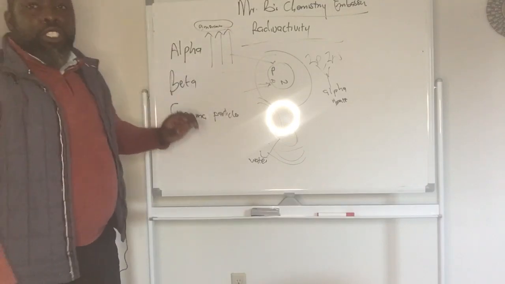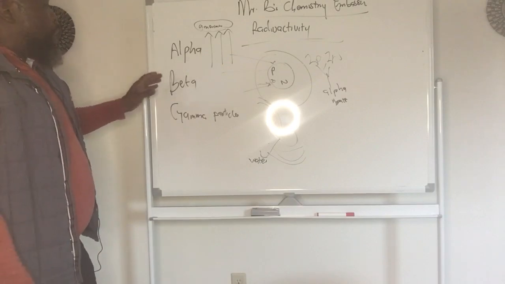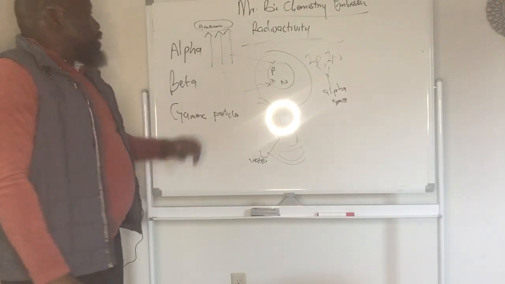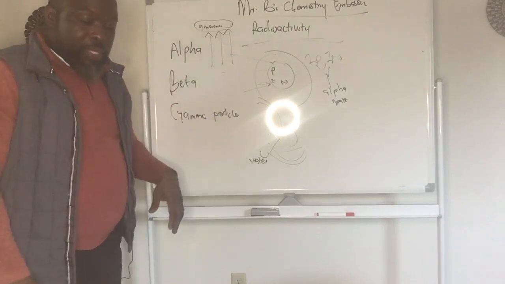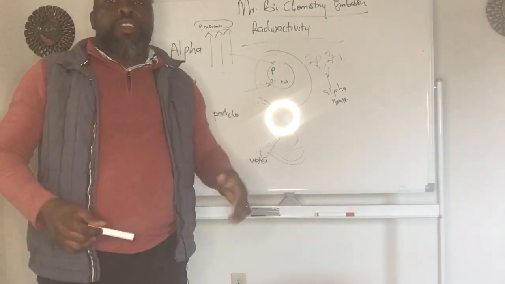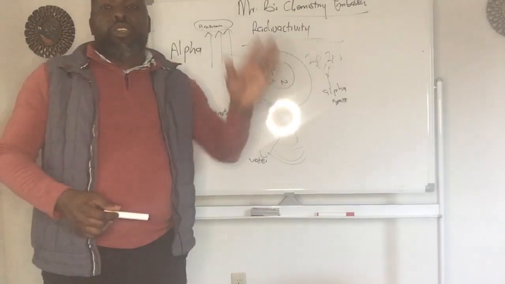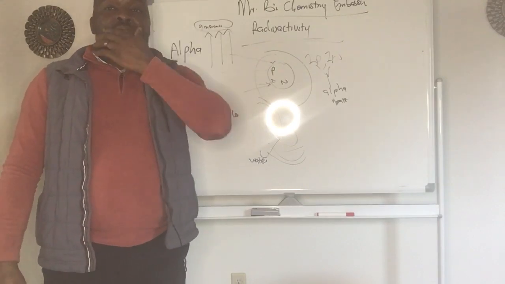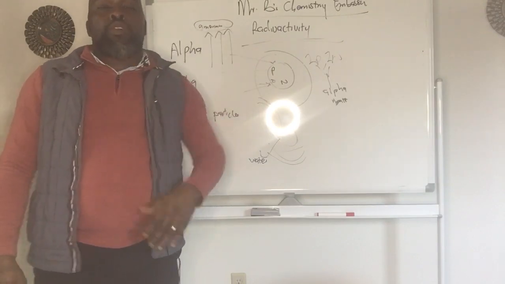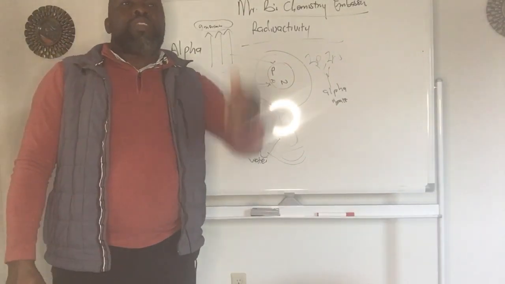Today it's going to be a short video. I'm just introducing you guys to alpha, beta and gamma particles. Out of all these three, alpha is the heaviest particle. It doesn't travel very fast, and the alpha particle can be stopped by just a sheet of paper. If you put a sheet of paper between you and alpha radiation, it's not going to go through. The only time it becomes really dangerous is when you ingest it.